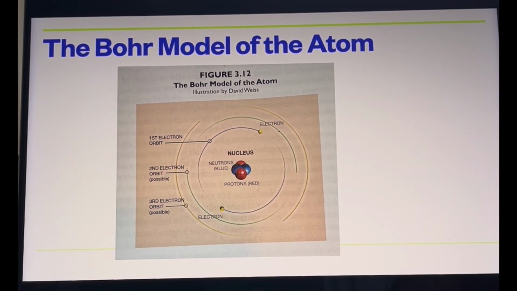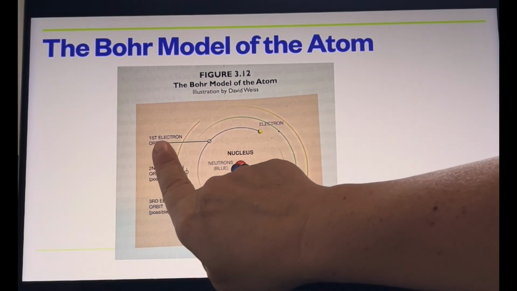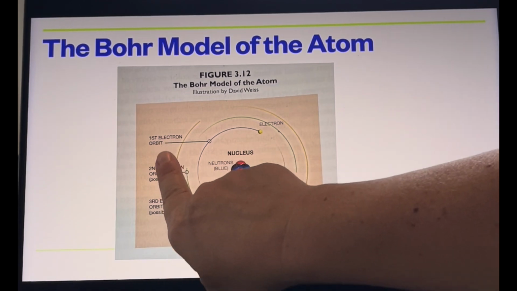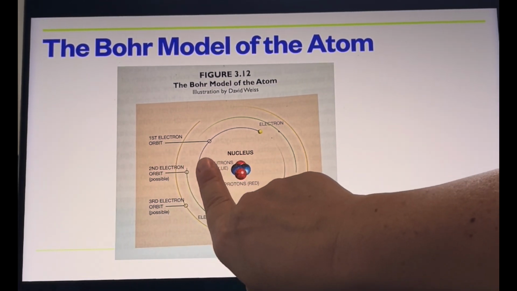If, on the other hand, an electron would like to move from an orbit far away from the nucleus to an orbit close to the nucleus, the electron must somehow get rid of its extra energy. In other words, while in the orbit far from the nucleus, the electron has more energy than it would in an orbit close to the nucleus. So the guys out here have more energy than the guys here.